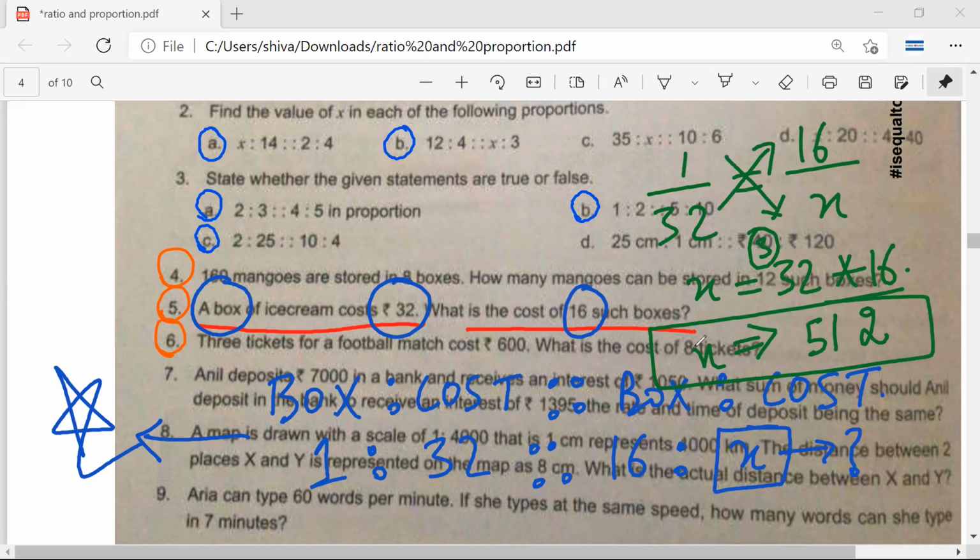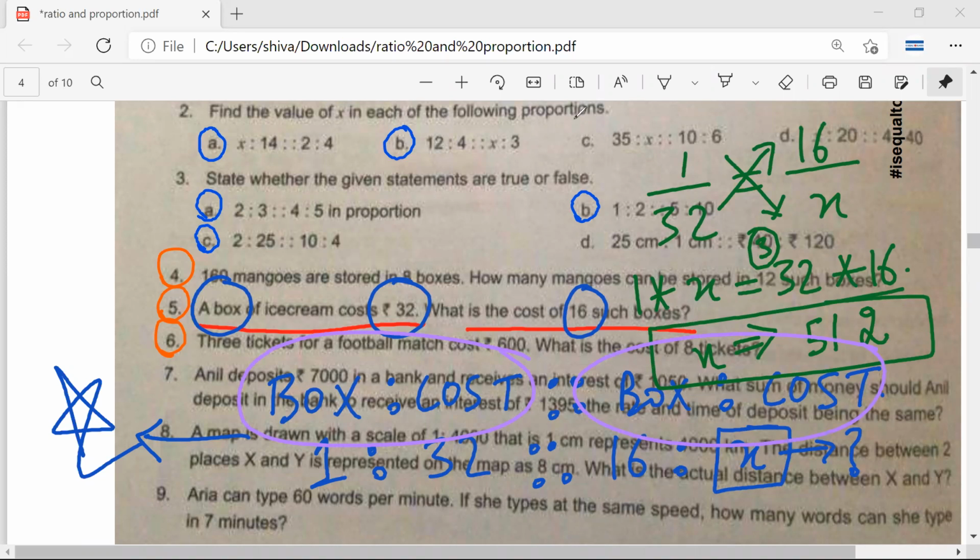So I did x is equal to 1 into 32 upon 16. Mr. Satya, any doubt? See, there are one or two very simple things that you need to understand. The ratio will always be box is to cost, box is to cost. Do not try to write this as box is to cost and cost is to box.